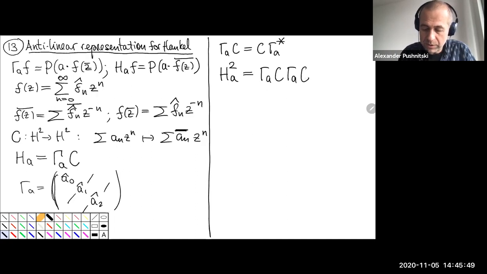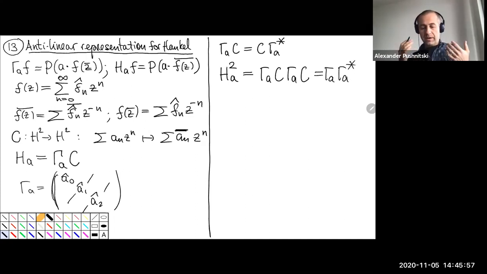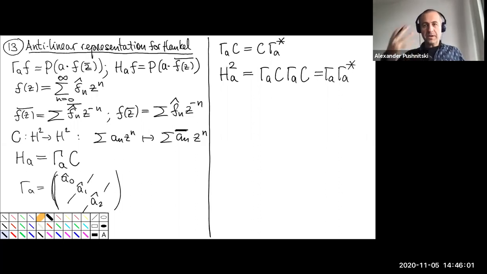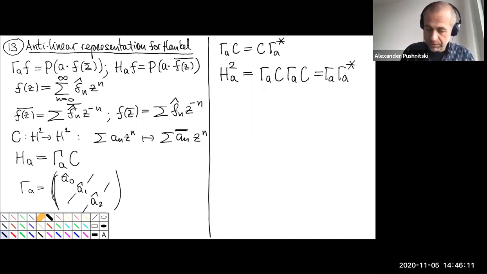So this is the square. Now using the line above, this is just gamma A star, okay? So of course, this Hankel operator is antilinear, but when you take the square, it becomes linear, right? When you do complex conjugation twice, you get back to the same thing. And in fact, not only is it linear, but it's also, of course, self-adjoint and non-negative, okay?